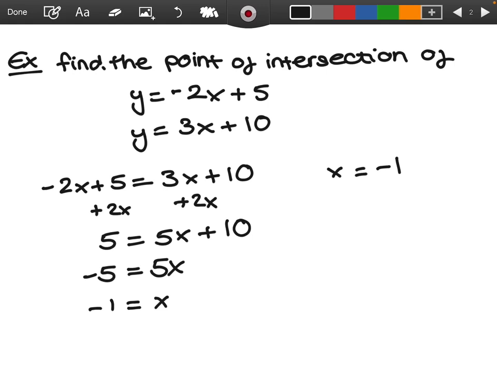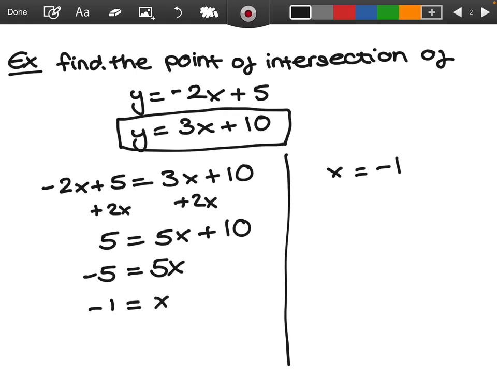Okay. So I have my x value. Now I need to find my y value that corresponds with that x is equal to -1. Like I said, at this point, you can plug that x value into either one of these equations and you should end up with the same y value regardless of which equation you plug this into. So just for simplicity, because we have a positive coefficient in that second equation, I'm actually going to use this one and plug it into here.